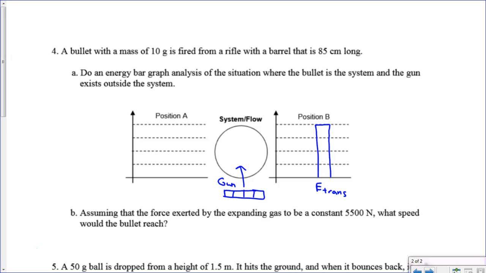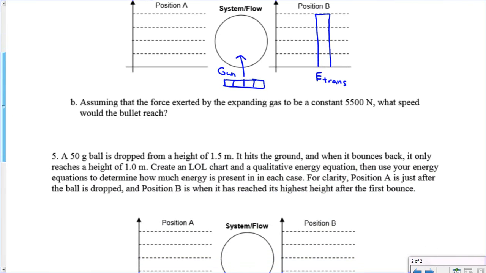This problem asks what speed will the bullet reach when it's leaving. So first we need to make an equation from this. We know the work done by the gun on the bullet is equal to its final translational energy, E trans F.